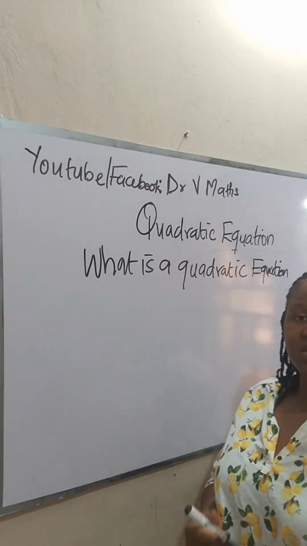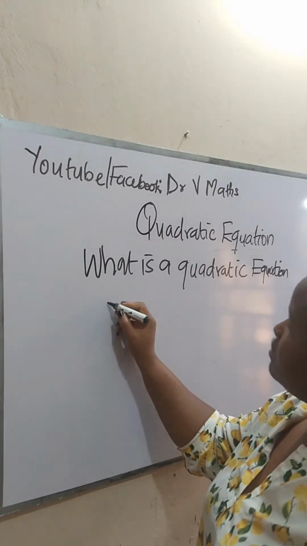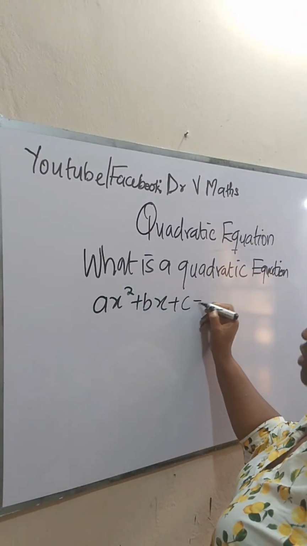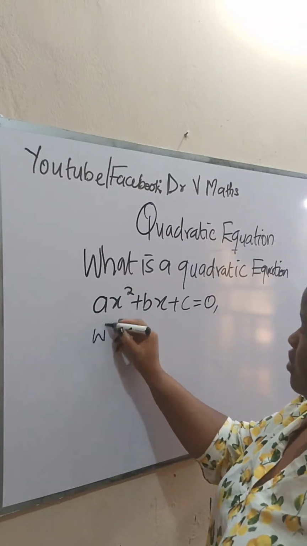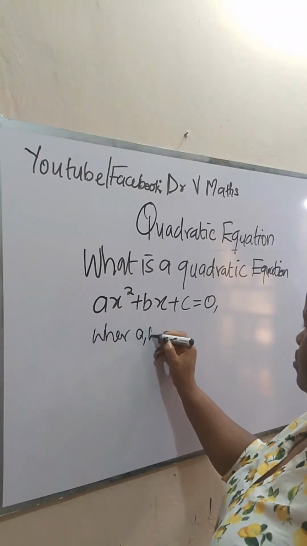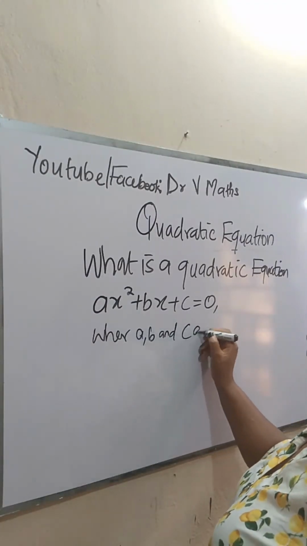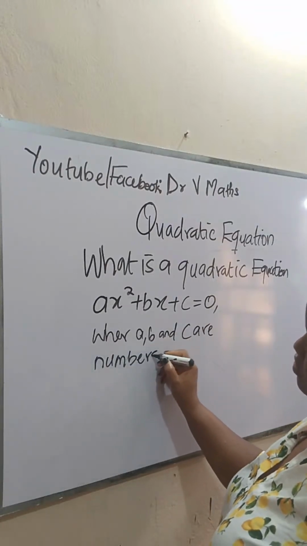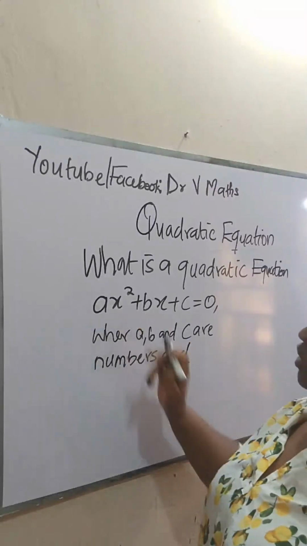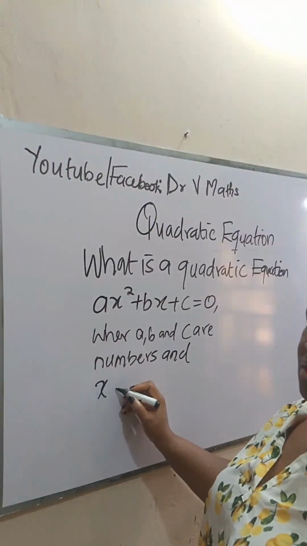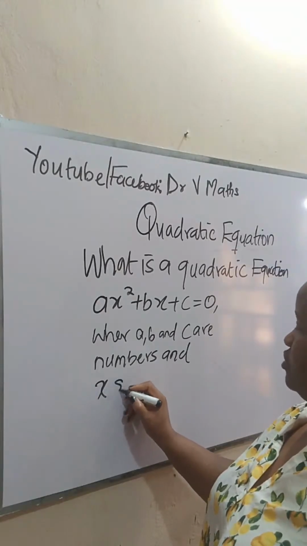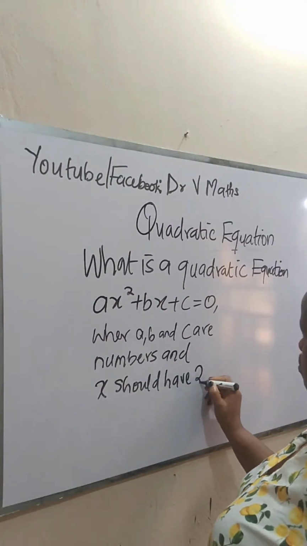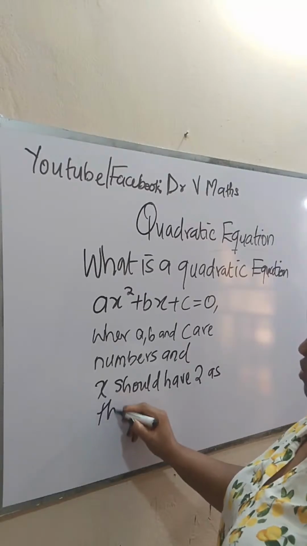So a quadratic equation is an equation of this form: ax squared plus bx plus c equals 0, where a, b, and c are numbers and x should have 2 as the highest power.